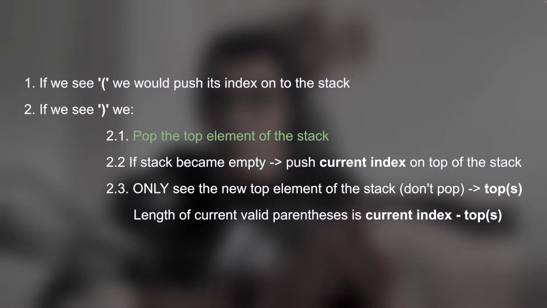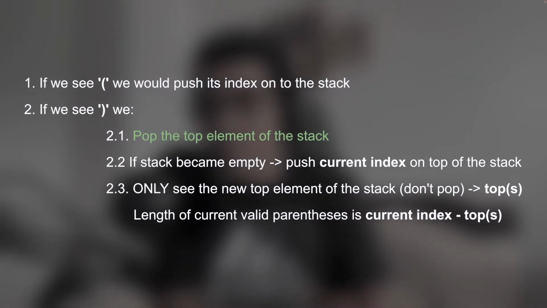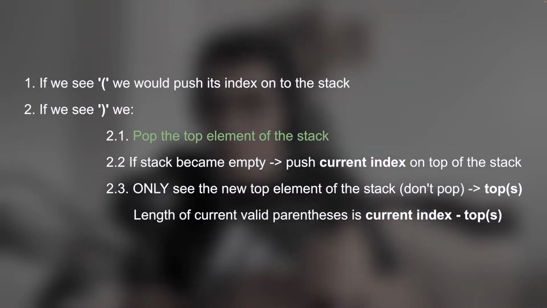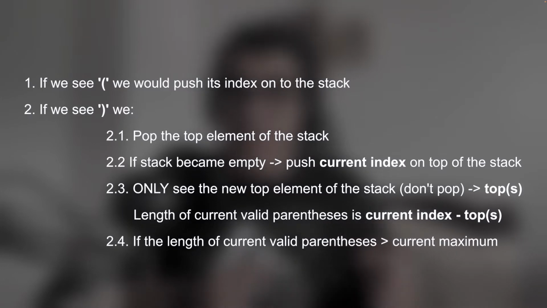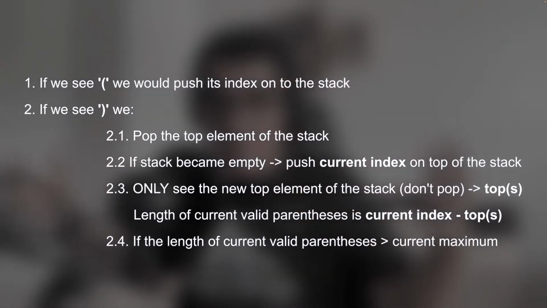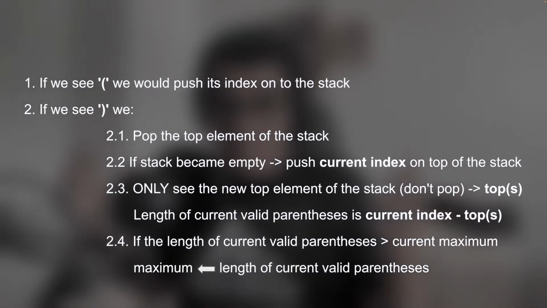So we assure that no open parentheses is in the stack without a closing one, at least up until now, if the closing parentheses was seen. Now, if the length that we have found is greater than the ultimate length that we found for the longest valid parentheses, this is the new maximum.